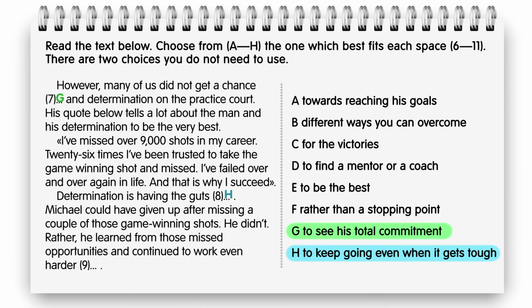Now here, I would tell you that the best answer is in fact A. But how did I reach that decision? Well, in this paragraph, we're talking about determination. We're talking about keeping going, working harder. And here, we haven't mentioned victories. Moreover, we haven't mentioned that Michael is working towards victories.